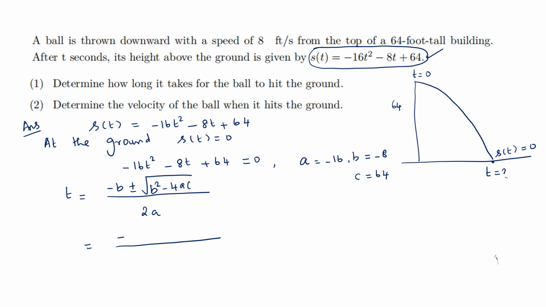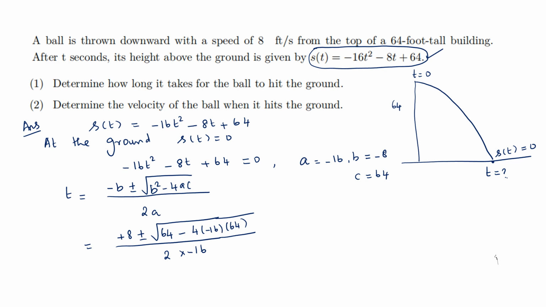Minus b, the b value is minus 8, so it becomes plus 8, plus or minus square root of b square. The b value is minus 8, so b square is 64, minus 4 times a value minus 16 and c value 64, divided by 2 times minus 16.